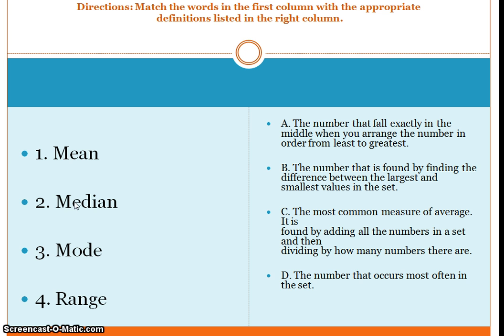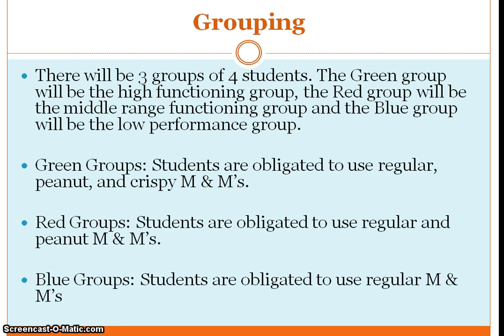Median is the number that comes across in the middle, and they'll match it with A. Mode, the number that is frequent in the set, D, and range, of course, would be B, the number found in the difference between the largest and smallest values in the set.